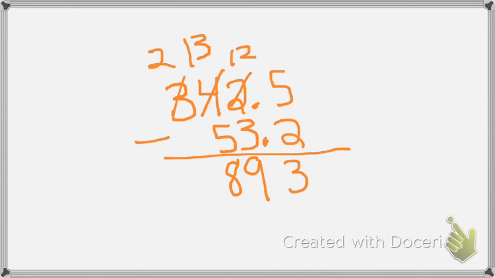And 2 minus 0? 2. Make sure you line up your decimal. So how many rocks does Rob have? 289.3, or 289 and 3 tenths. Your sentence should state that Rob has 289 and 3 tenths grams of rock.